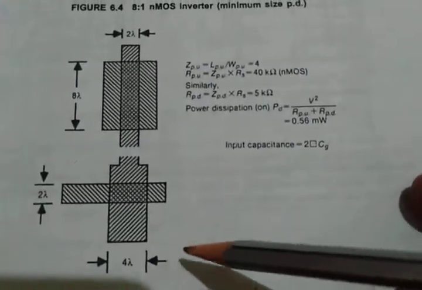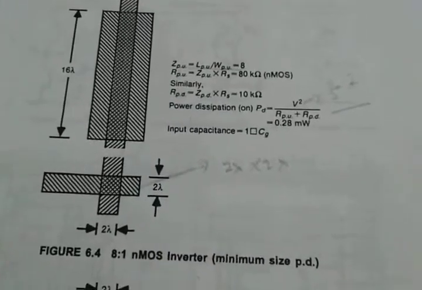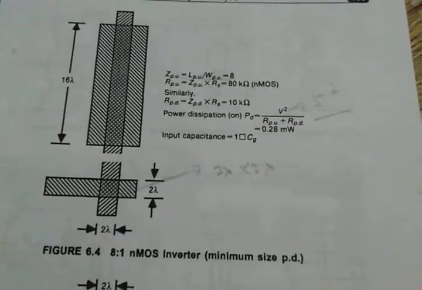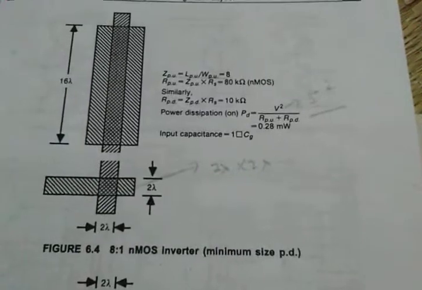I already told you that length and width can be changed only in nMOS, not in CMOS. We are designing nMOS, CMOS and BiCMOS technology. These three technologies we are using here in the inverter.